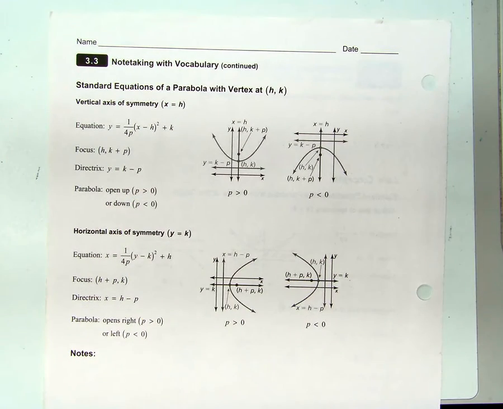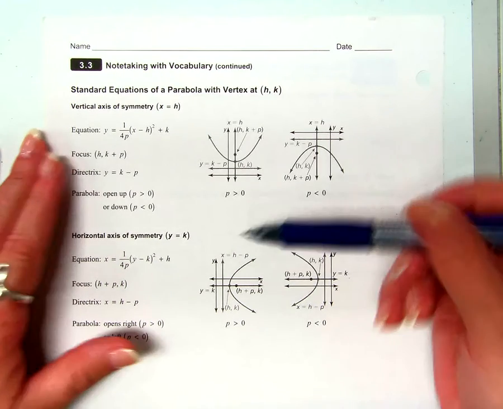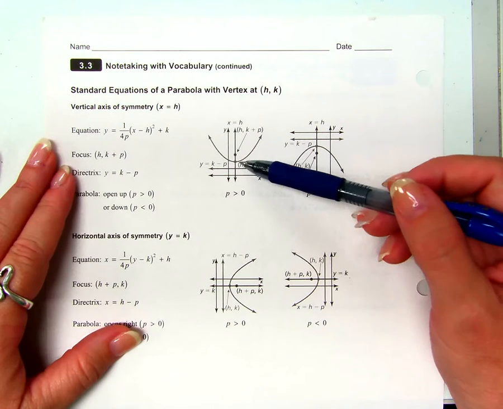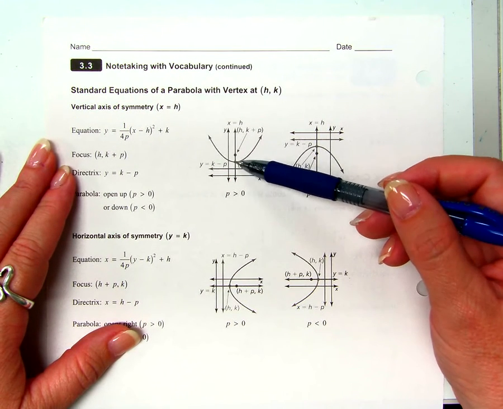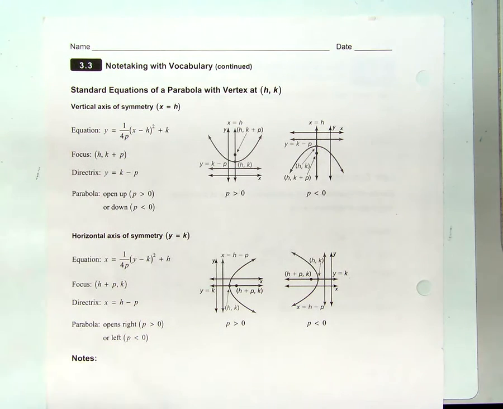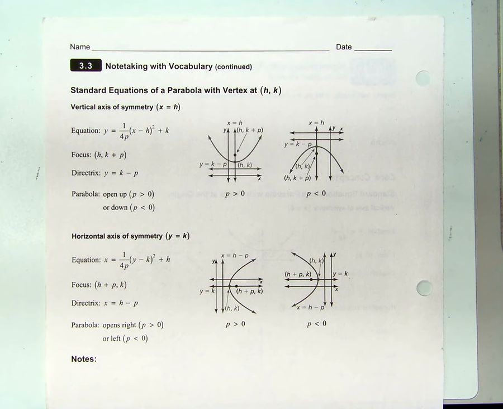The only thing that this paper doesn't tell you that's really super important is what P is. Okay, so I want you to write this in. P is the distance from the vertex to the directrix, or from the vertex to the focus. P is a distance, right? So it's going to be a positive value.